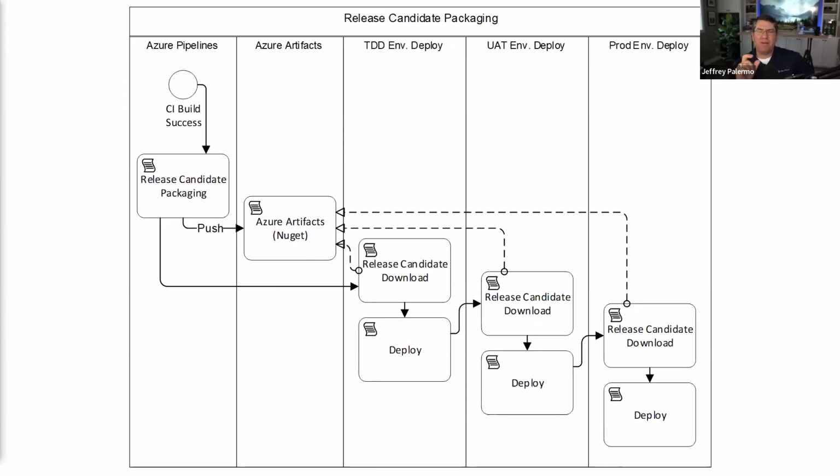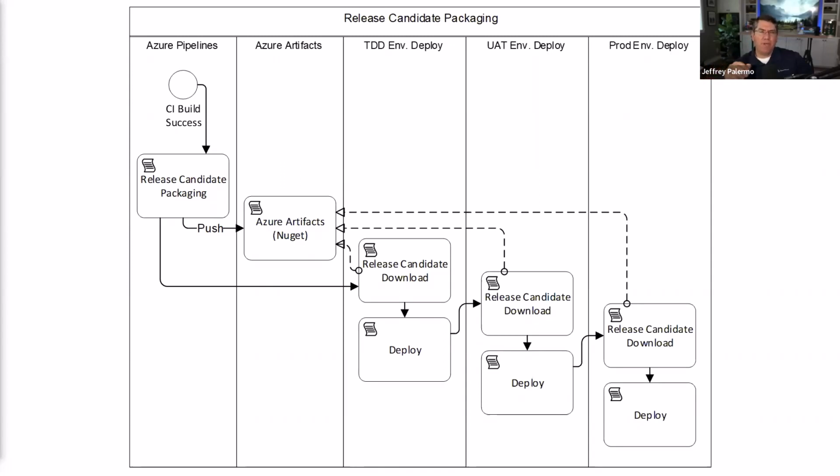We don't, when we're deploying to TDD or UAT, go back to the Git repository, clone it, and compile again. If you ever hear somebody say, we need to build to UAT, or we need to build to production, and you find that they're actually compiling the code again, no, big mistake.